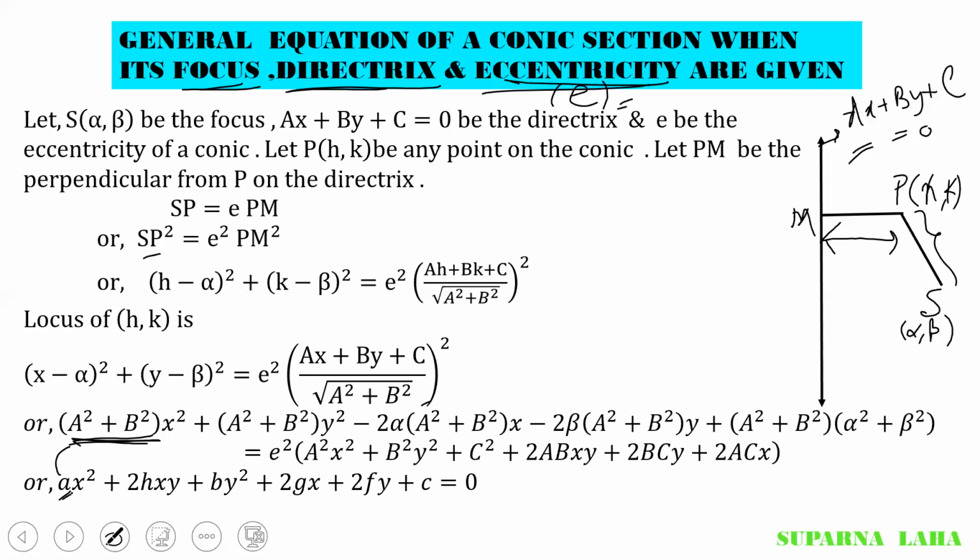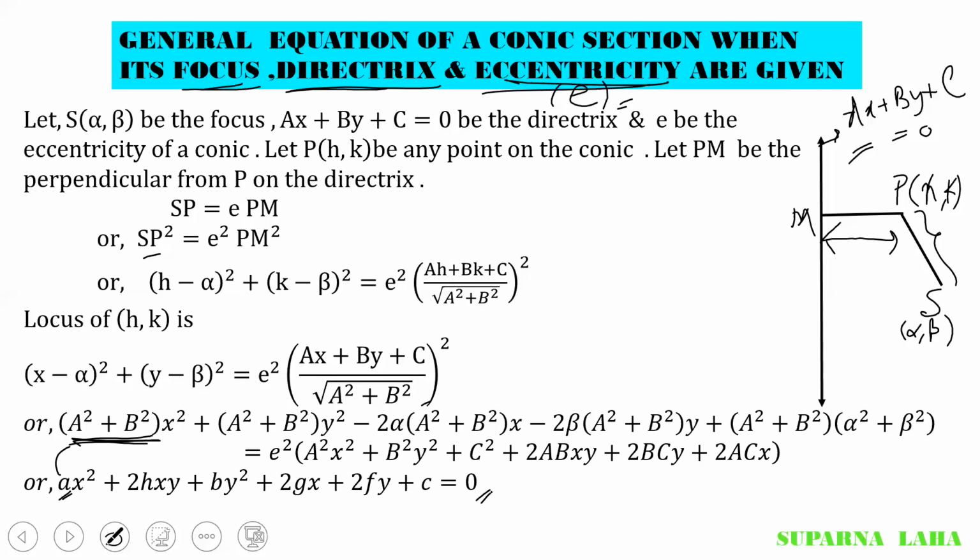Like that, simplify this equation and put these constants: ax squared plus 2hxy plus by squared plus 2gx plus 2fy plus c equals 0. This is the general second degree equation for the conic sections.